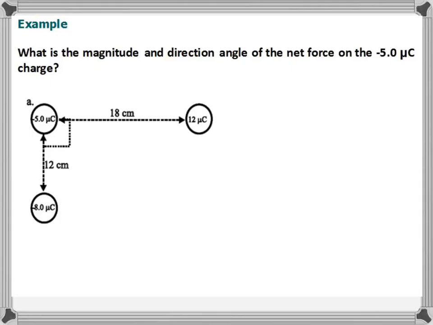What I like to do first is identify where that charge is that I'm interested in, and in this diagram it is this one at the corner of the L, so I'm going to put a star next to that to remind myself that that's the charge that I want to find the forces on.